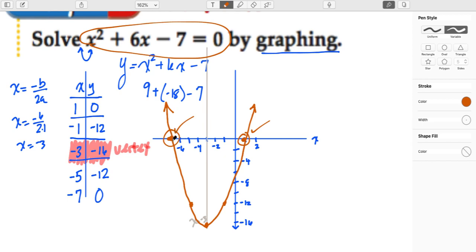So we have a 0 at negative 7 and we have a 0 at 1 because the y values were 0 at both of those points. So those are the solutions. So x is equal to negative 7 or 1. Actually, I think we could have factored this when I look at these answers. Let's see if we can do the next example.